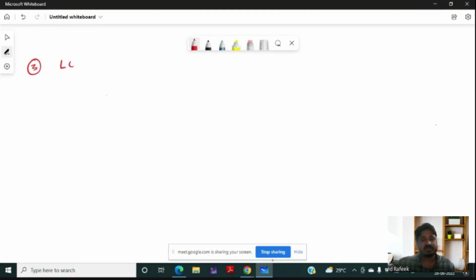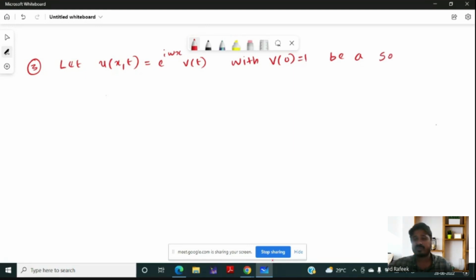Let u of x comma t equal to exponential i omega x v of t, with v of 0 equal to 1, be a solution to dou u by dou t equal to dou cube u by dou x cube.